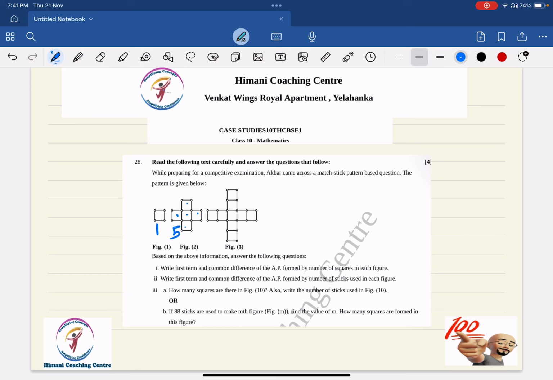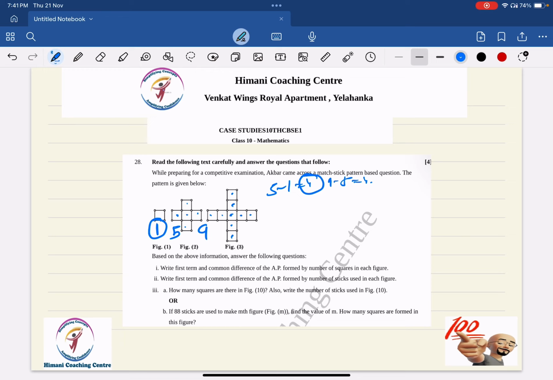So there are five here. Now, how many squares here? So let's do that. One, two, three, four, five, six, seven, eight, nine. So nine. So can you see, is it an AP? Yes. How? 5 minus 1 gives us 4. 9 minus 5 gives us 4. So it's an AP. So it says write the first term and common difference. So first term is 1. Common difference we just found as 4.